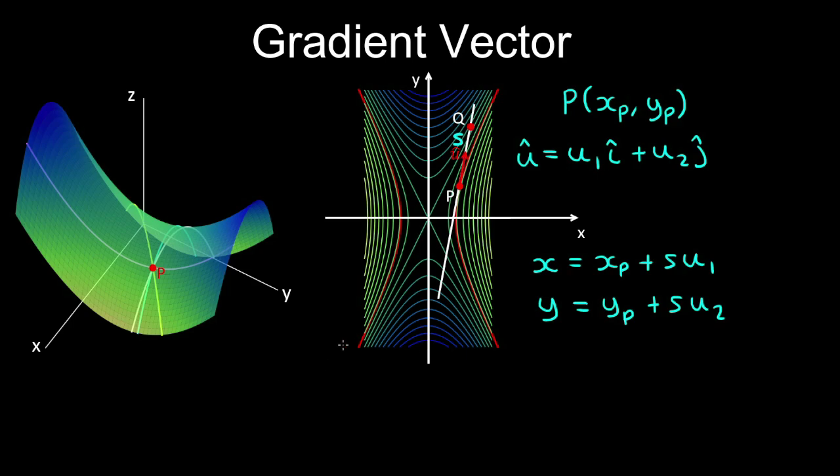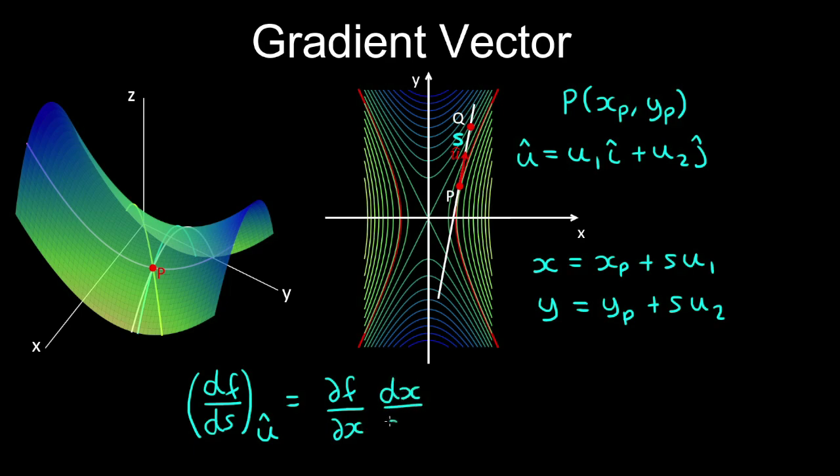So therefore the directional derivative, being the derivative of the function f with respect to the arc length parameter s along that line, so it's in the direction of the unit vector u, by the chain rule, is equal to the partial derivative of f with respect to x times the derivative of x with respect to the arc length parameter, plus the partial of f with respect to y times the derivative of y with respect to s.